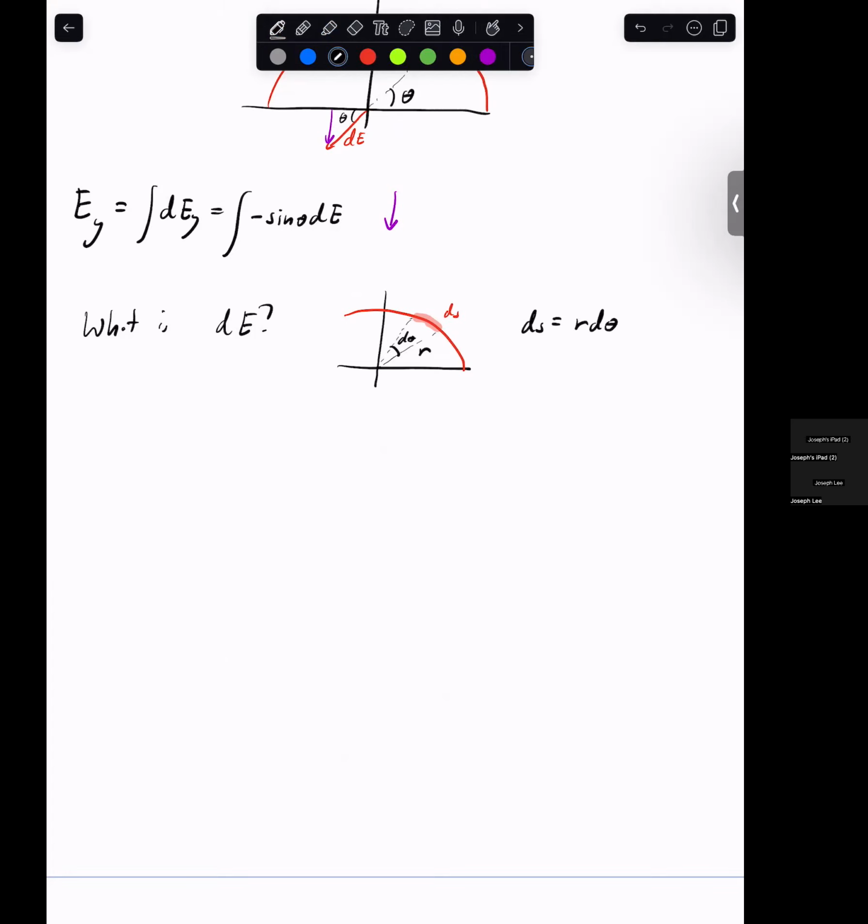And then just like the rod problem, we remember that dq, the amount of charge given, is equal to lambda ds. We can justify this by remembering that lambda is charge per length, and ds will be a length.